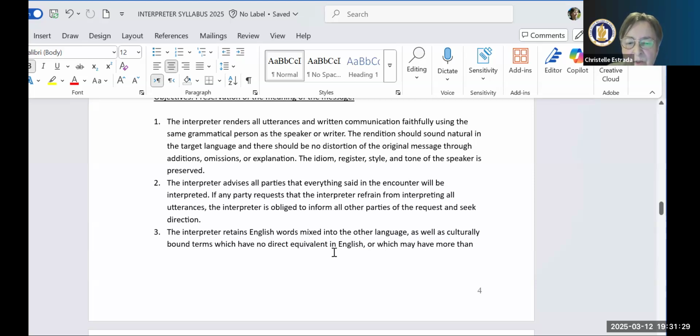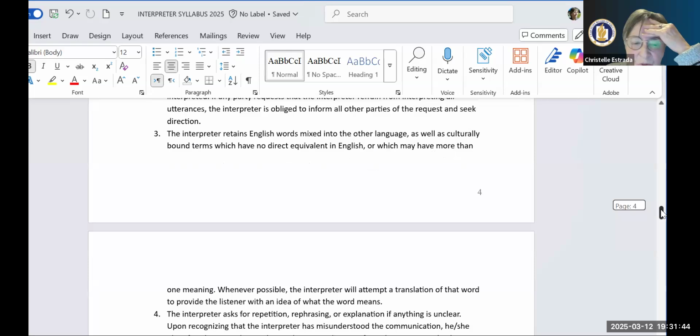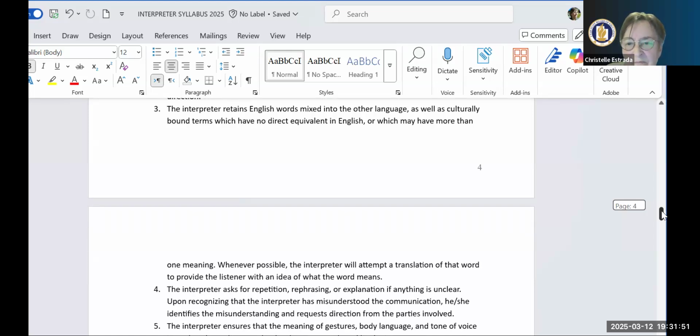The interpreter retains English words mixed into other languages as well as culturally bound terms. Now, sometimes there might not be a direct equivalent in English, but the goal is to make sure that the meaning is accurate. Because English is a challenging language, sometimes it has more than one meaning. So whenever possible, the interpreter will attempt a translation of that word to provide the listener with an idea of what the word means.